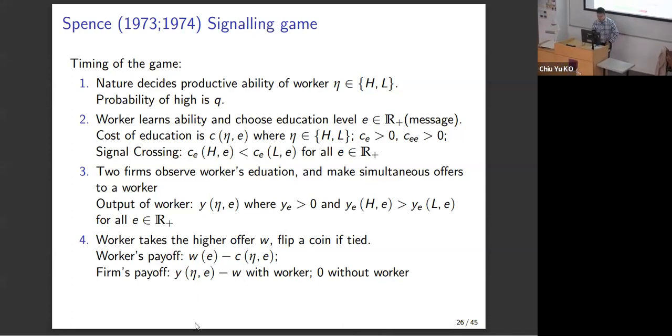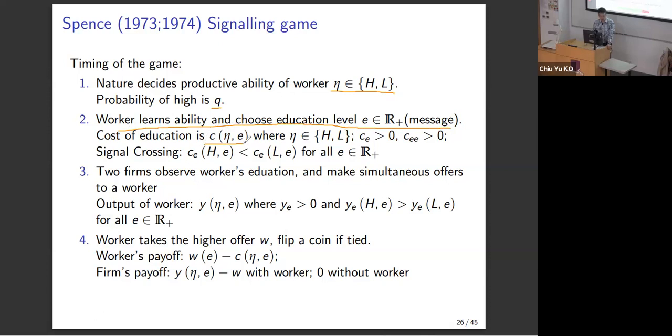In this game, the productivity of the worker is either high or low, with probability q. The worker can educate themselves, and education is costly.